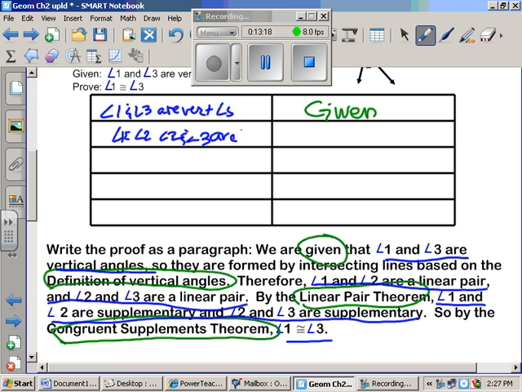And why? What does it say? Why are they a linear pair? What's the reason for that one statement? Yeah, definition of vertical angles. Isn't that the one that's circled next to the statement?